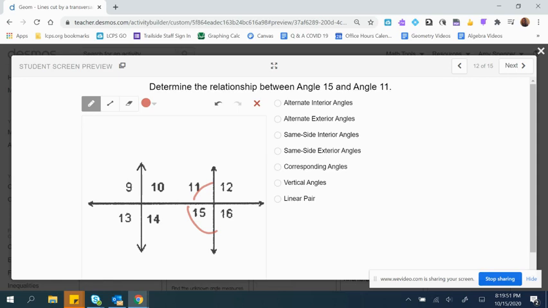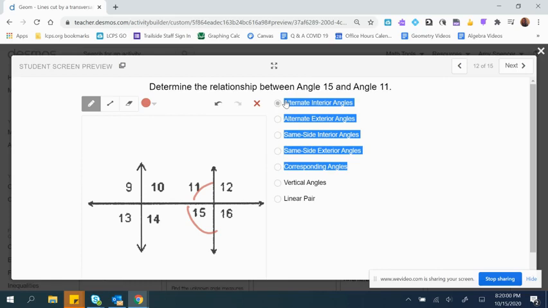But I do hope that some of you also notice that the angle 15 and angle 11 are adjacent. Remember that these 5 new terms that we just had about these multiple lines cut by a transversal, none of them involved adjacent angles. So it must be one of these previous terms that we had used.